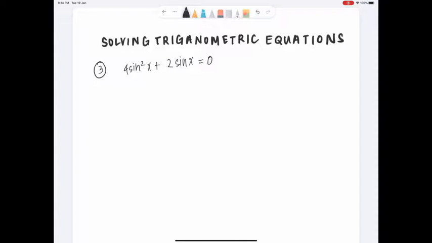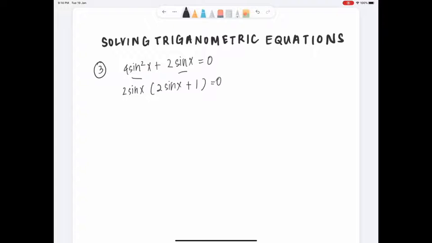Okay, the third kind of equation you need to know how to solve will be these kinds. As I said before, some people's instinct may be to divide by sine x to get 4 sine x plus 2, but that's very wrong. In this situation, what you would want to do is factorize the sine x. So it's 2 sine x and then 2 sine x plus 1.